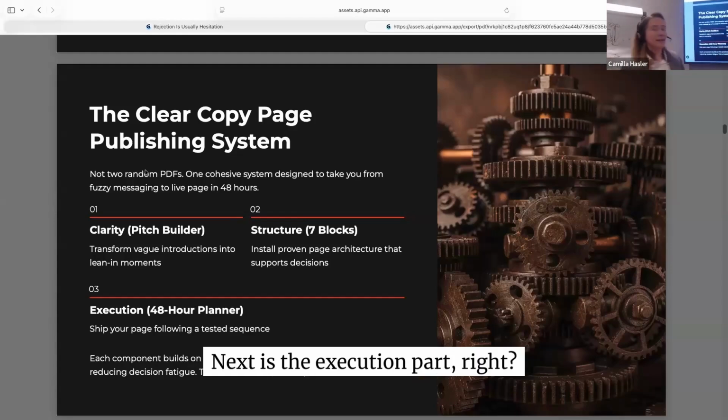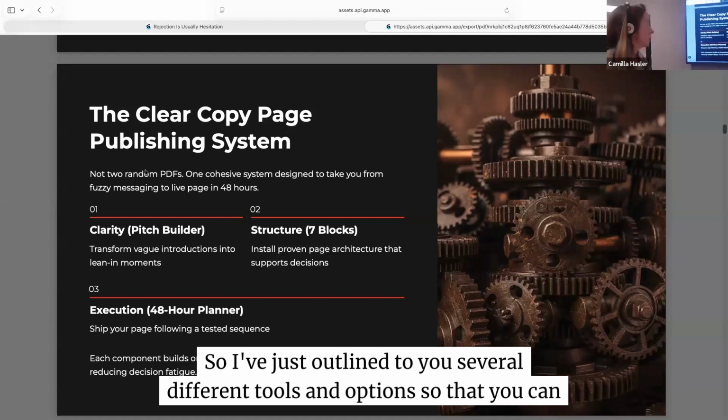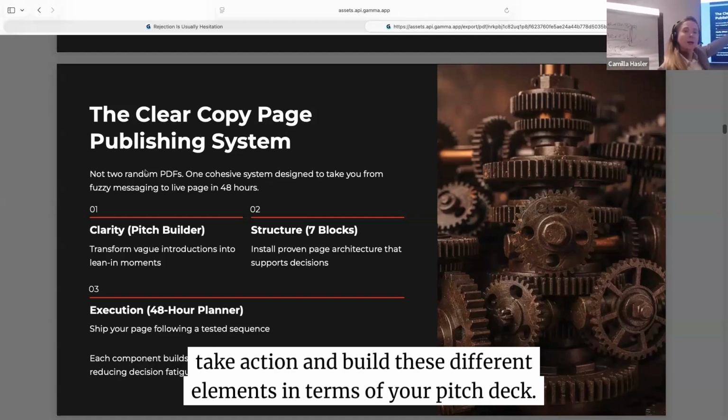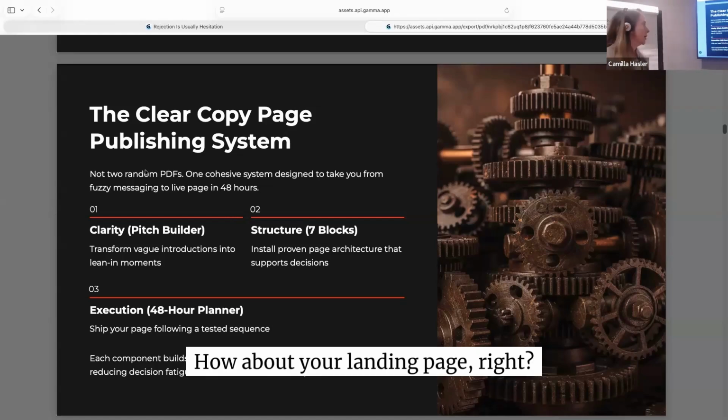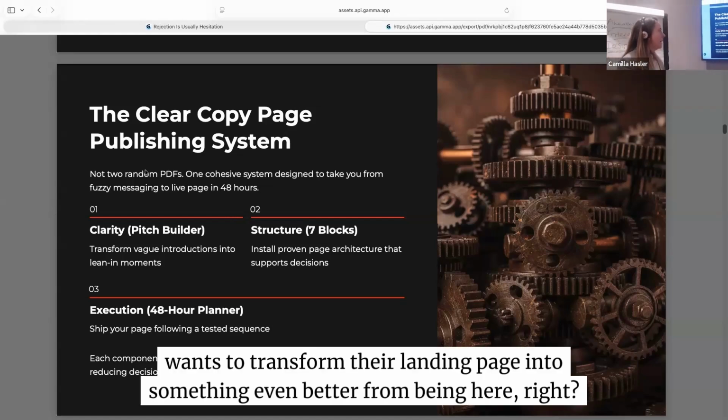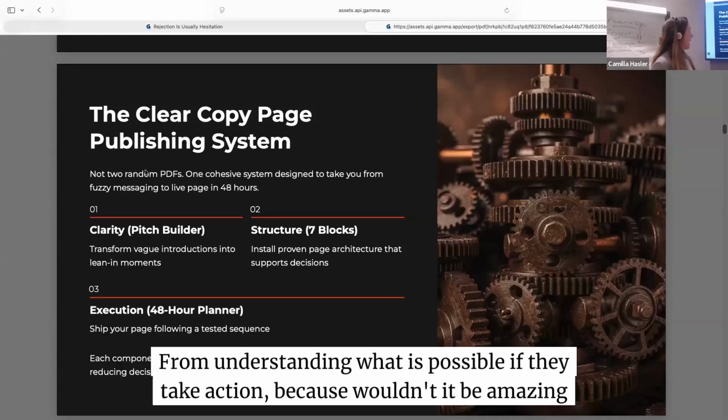Next is the execution part, right? I've just outlined to you several different tools and options so that you can take action and build these different elements in terms of your pitch deck. How about your landing page? Who here wants to transform their landing page into something even better from being here, from understanding what is possible if they take action?